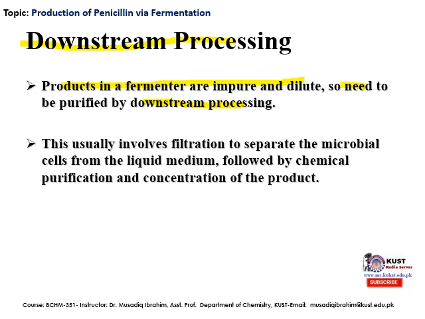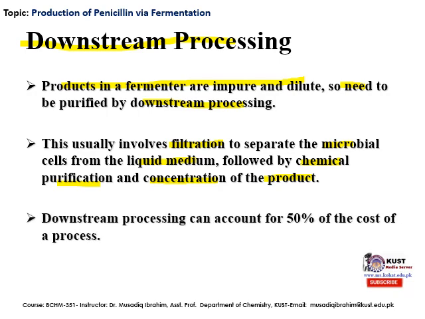Downstream processing involves filtration to separate the microbial cells from the liquid medium, and along with it there are a couple of chemical steps for the purification as well as for the concentration of the product. Downstream processing can account for 50% of the cost of a process.